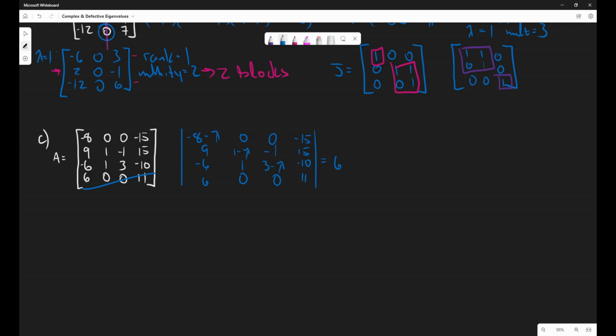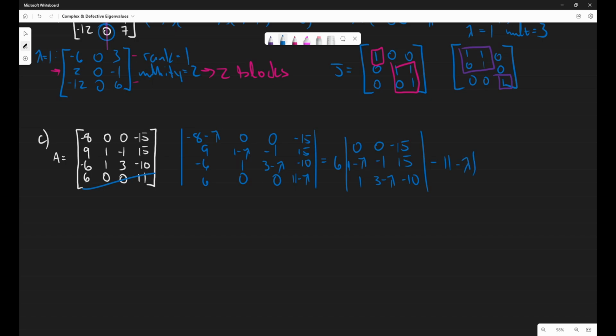This is going to give us 6 times the determinant of this one, because we'll have our -15. So this one will actually make it easier. 1 minus lambda, -1, 15, 1, 3 minus lambda, -10, and then plus, minus, plus, minus. So minus 11, it's supposed to be an 11 minus lambda.